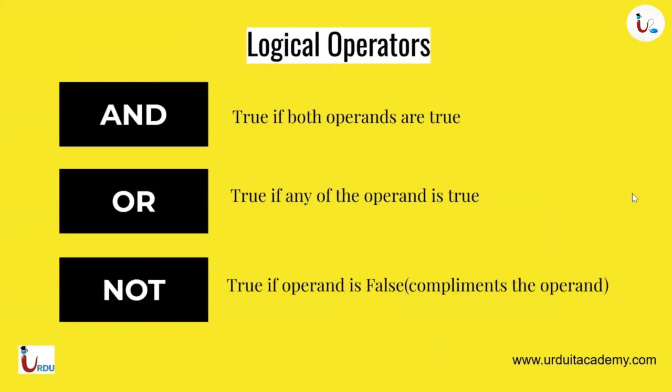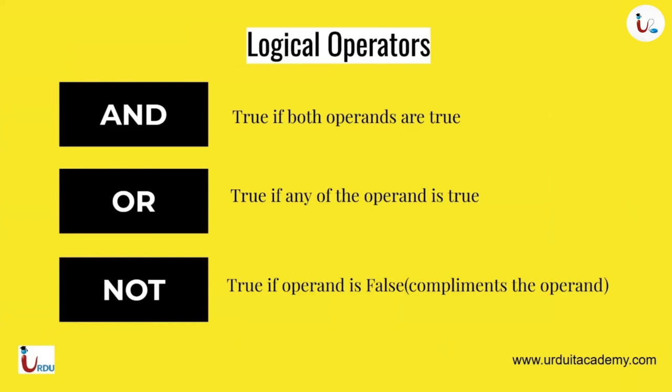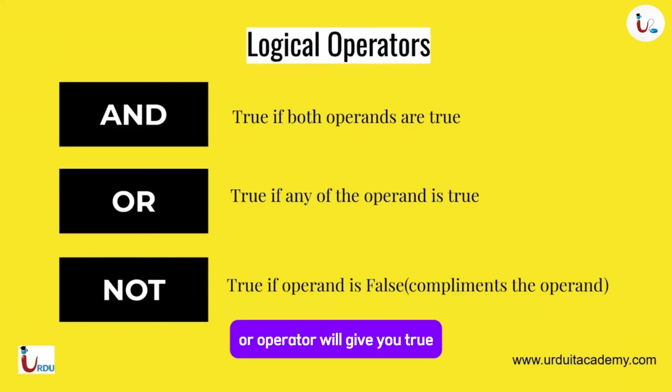Now the next operator is the logical operators. We have three logical operators available in Python: logical AND, logical OR, and logical NOT. So the AND operator will give you true if both operands are true. Okay, and OR operator will give you true if any one of the operands is true.